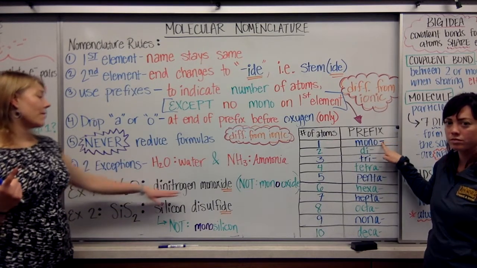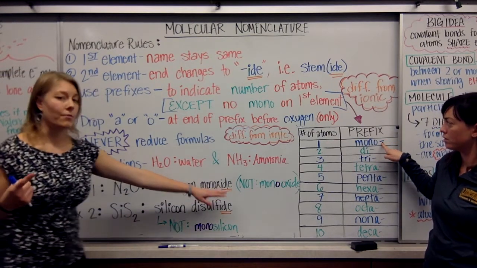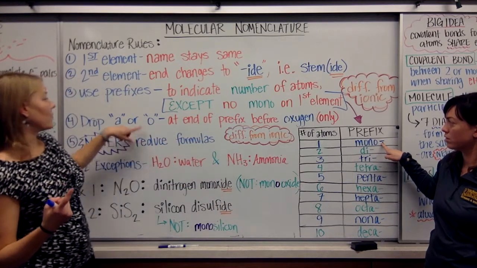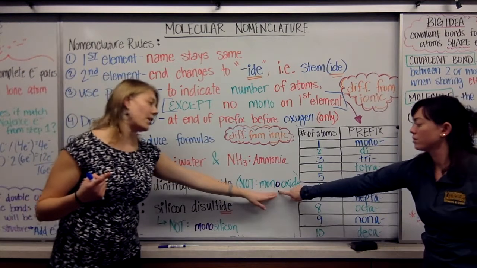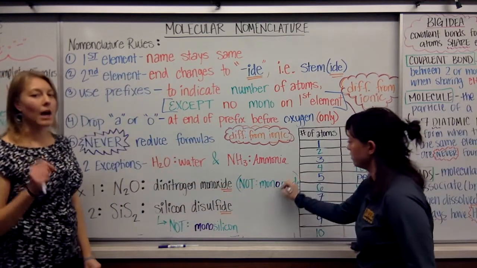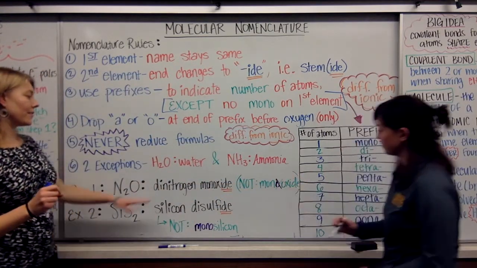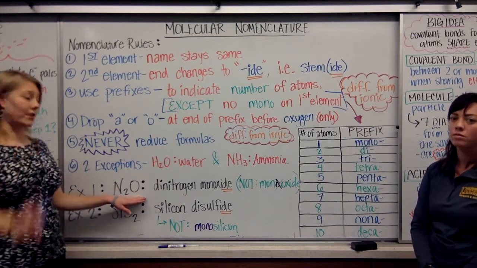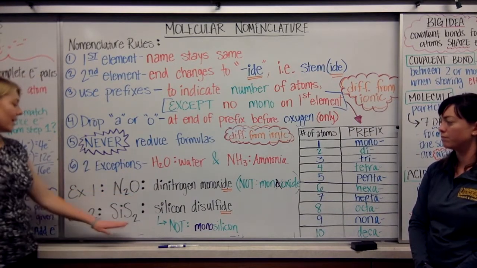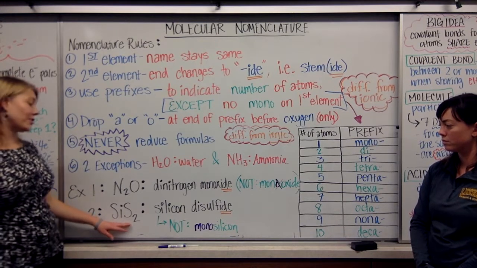So this is monoxide. Now, remember, we're dropping the O, A or O at the end of a prefix before oxygen. This is not monooxide. It is monoxide, okay? So dinitrogen, 2 nitrogens, monoxide, 1 oxygen. Did I say that right? I think so. Yeah. The second example, SiS2.